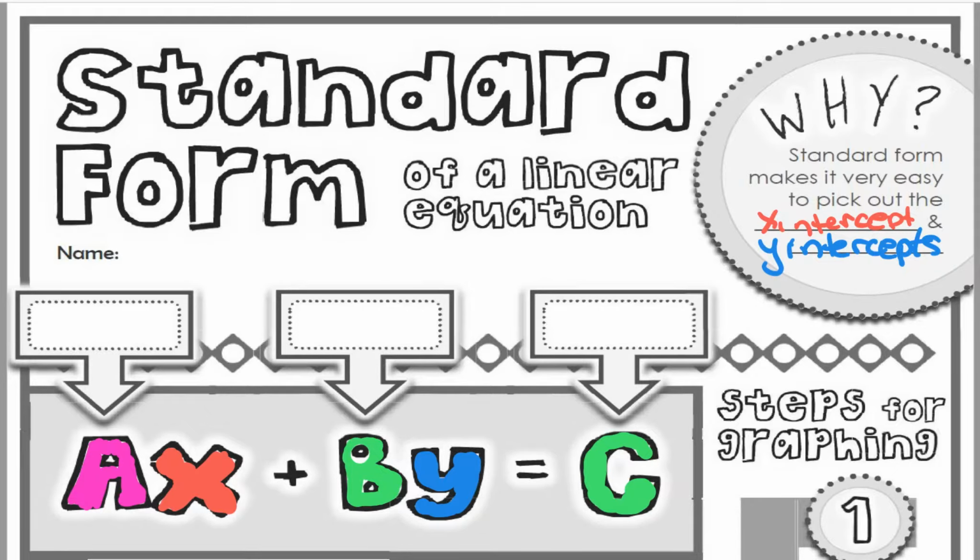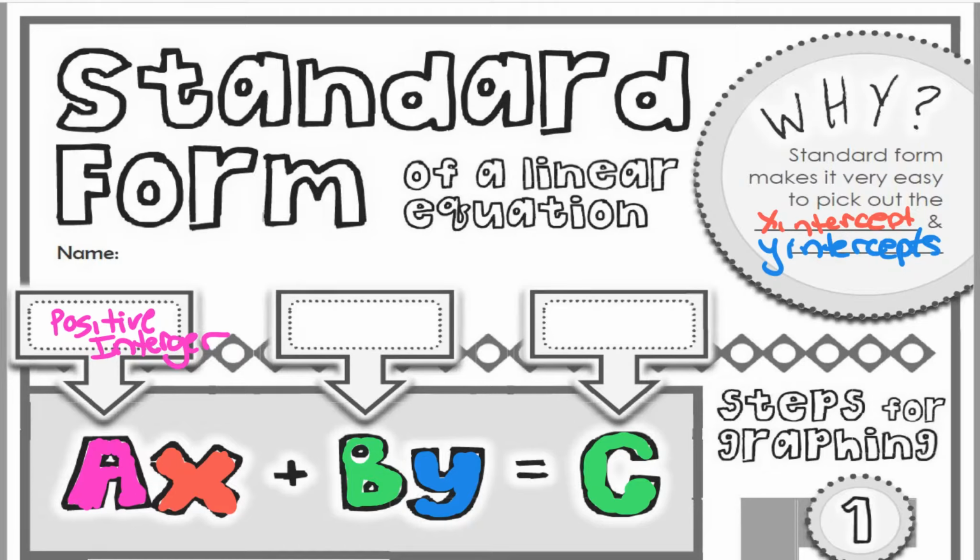Here a is a positive integer. If you recall from middle school, an integer can be a positive or negative number, but it's not a fraction or a decimal. So in our standard form, we don't have fractions as our coefficients.